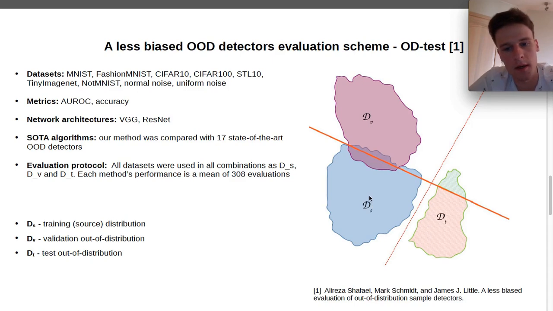Specifically, there's one source training dataset on which the classifier is trained, and there are 2 OOD datasets. One is used for training the out-of-distribution detector, and the second one is used for an actual evaluation of the detector, so that we avoid unwanted situations where an OOD detector only knows how to separate one particular OOD dataset.